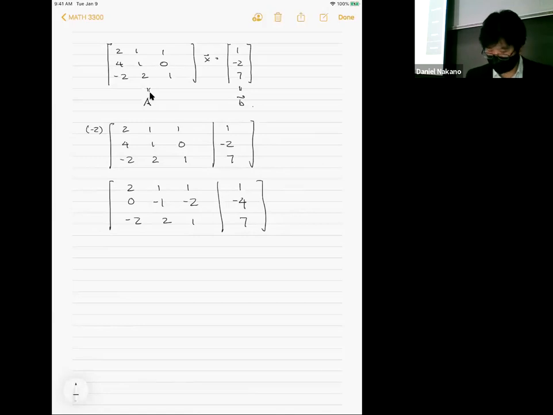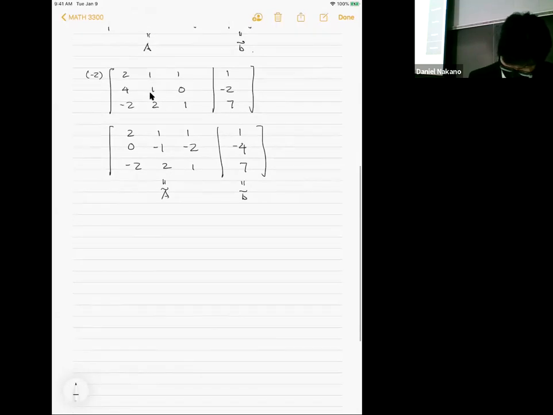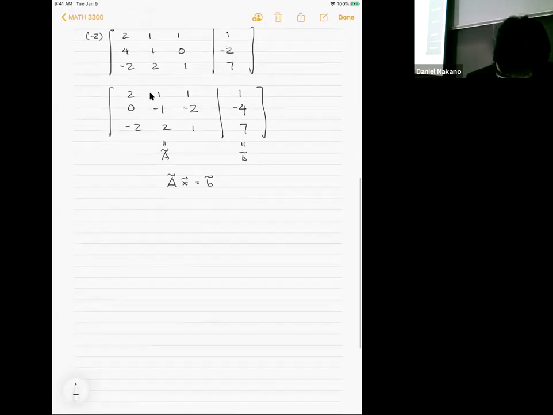Okay? All right. Now, this system of equations is equivalent to the first one. So if we set this one to be equal to A tilde, and this one to be B tilde, this system of equations is A tilde x is equal to B tilde. And what does the matrix A tilde look like?